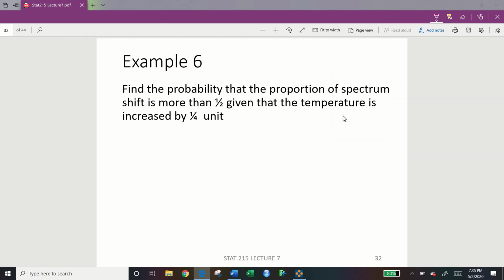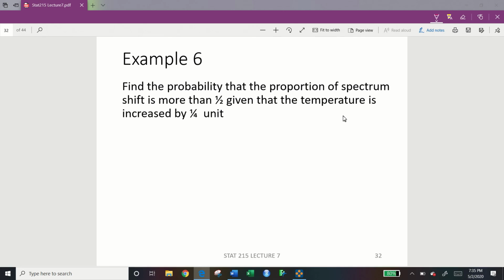Now we would like to find the probability that the proportion of spectrum shift is more than 1/2 given that the temperature increased by 1/4 unit. Okay, so what we're being asked to find is the probability of 1/2 less than y less than 1, comma, x equals 1/4.